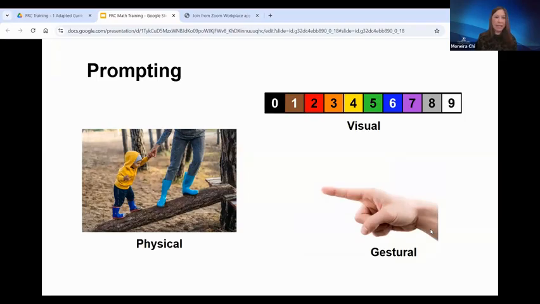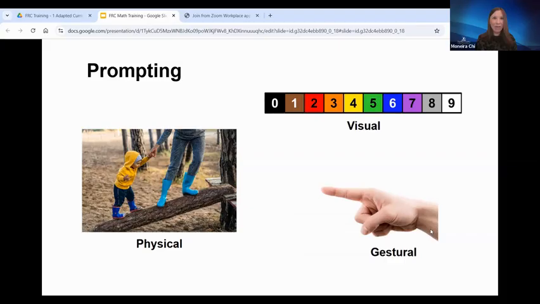Another really valid and effective teaching strategy to use with any child is the use of prompting. So again, we're going to use these daily with our children, and we probably do, even with our typically developing children. I know I use them on a regular basis to get my child to get dressed in the morning.